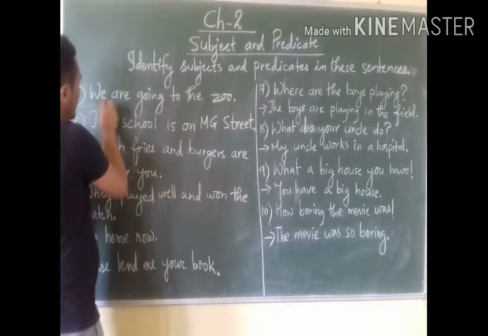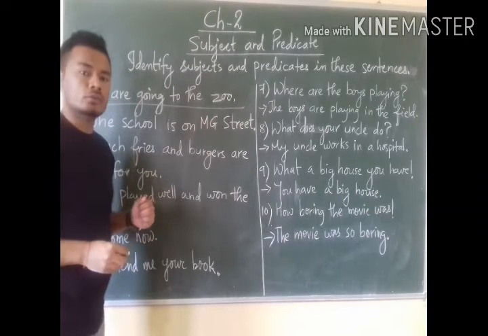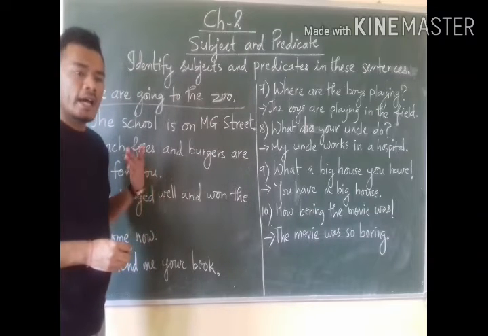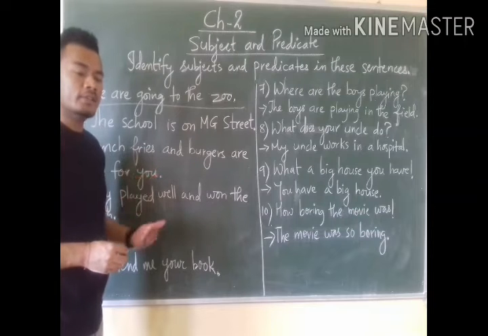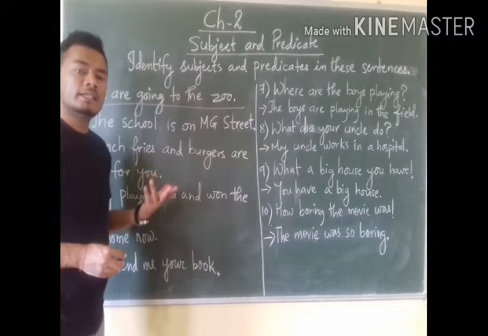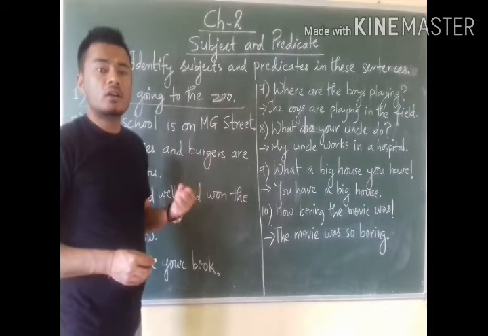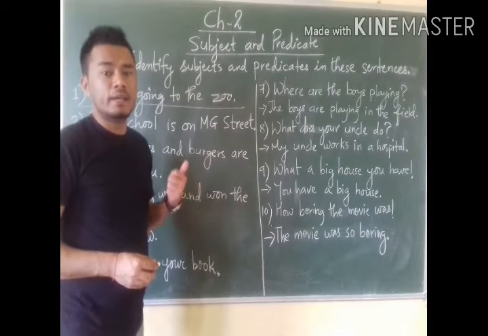See here, number 1: We are going to the zoo. I told you that to identify the subject, after reading the sentence, we have to understand about what or about whom the sentence is being written.